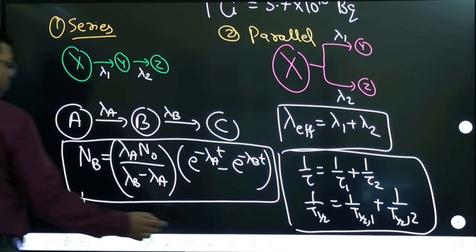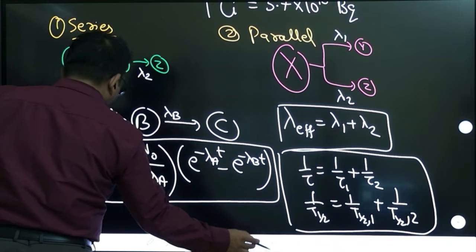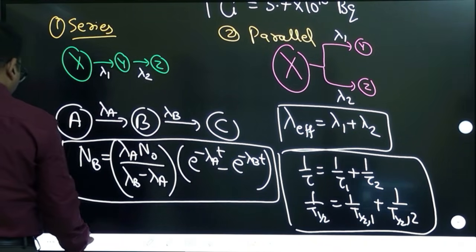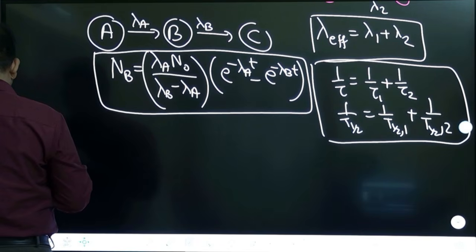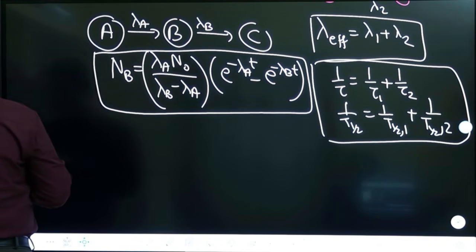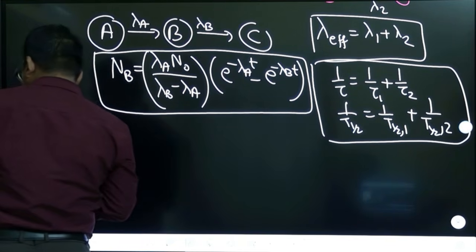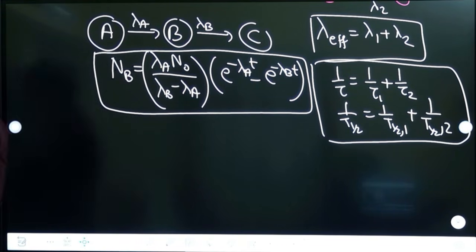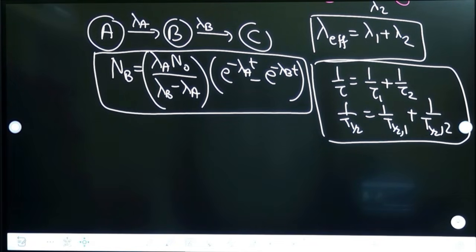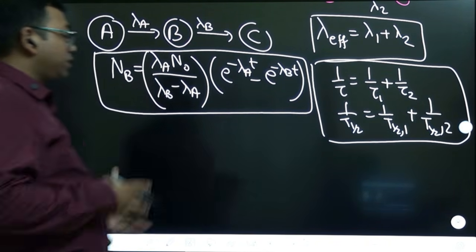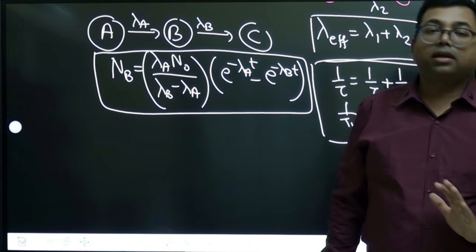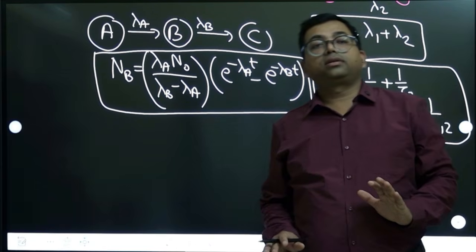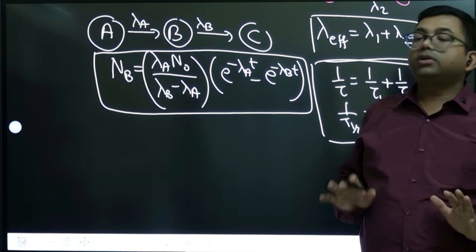There are more calculations, but let us not go into more detail about it. That is not there in the slides. This topic of radioactive decay is over. More detail can be given in an advanced class. But right now, this much only we have to know.